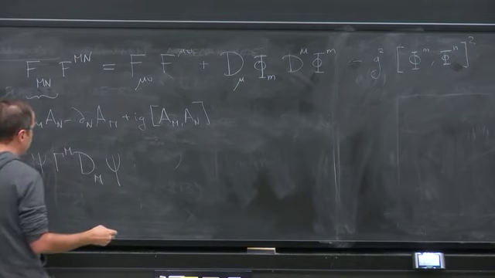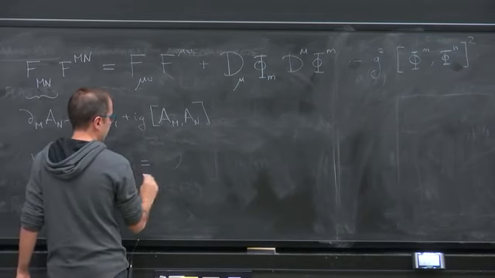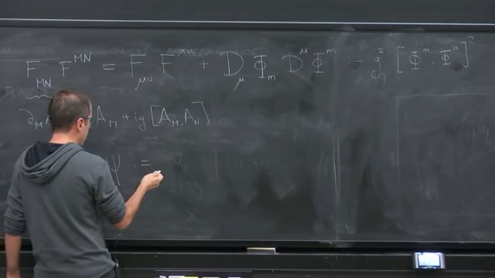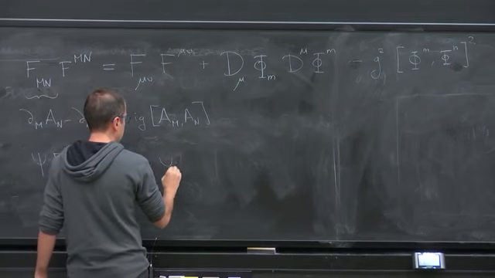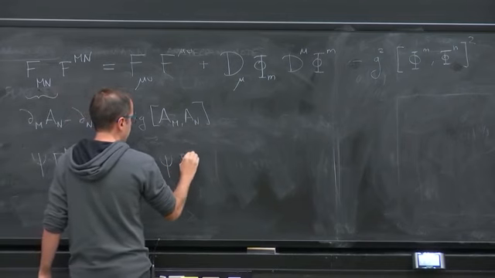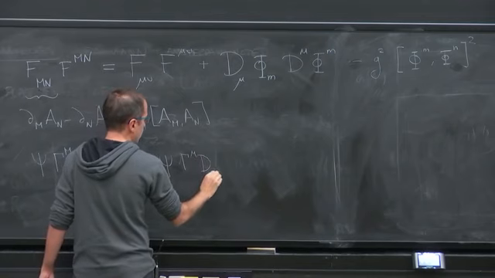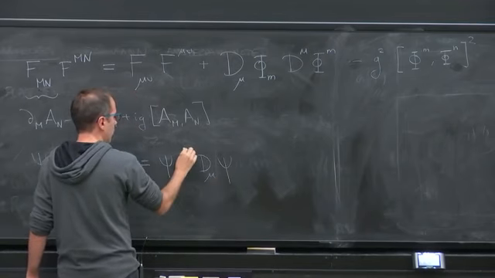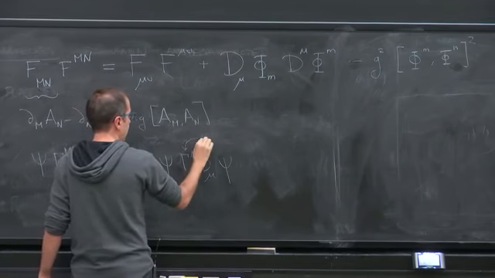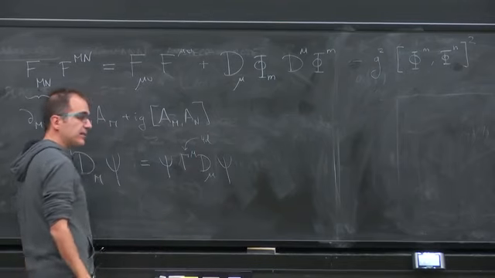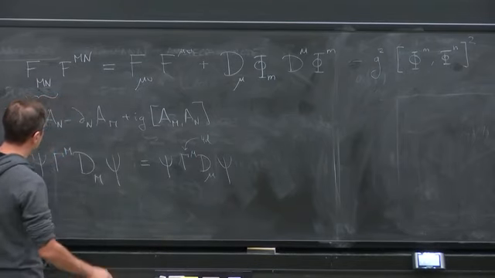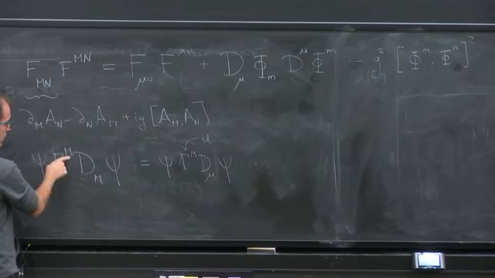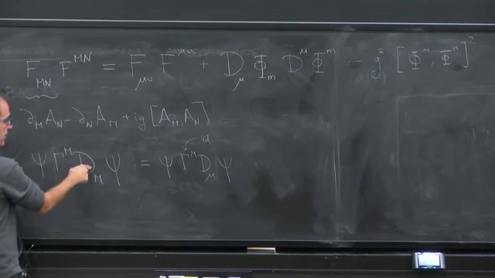And now this one, let me write schematically. This would be something like psi gamma mu d mu psi, where now these are 4-dimensional gamma matrices. But if I am in the direction 6, then this derivative is just a Yukawa-like interaction because the derivative does nothing.